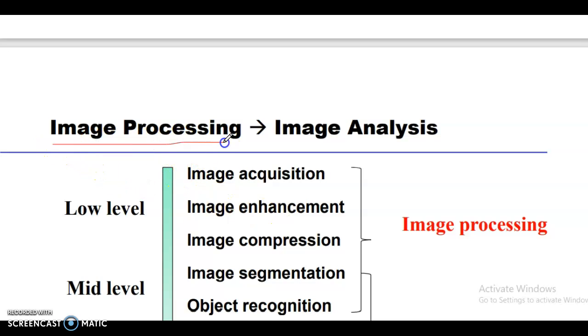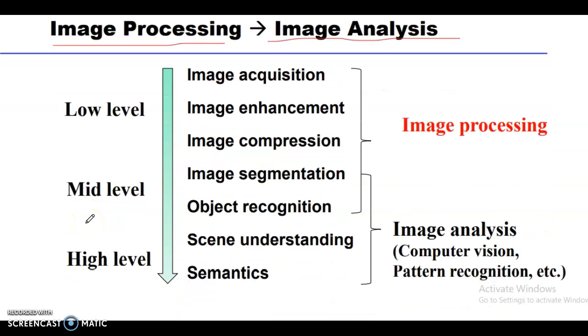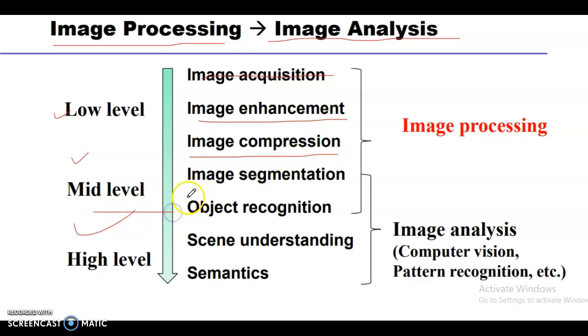Here image processing, image analysis. Image processing means image analysis: low level, mid level, high level. Low level: image acquisition, image enhancement, image compression. Mid level: image segmentation, object recognition. High level: scene understanding, semantics.